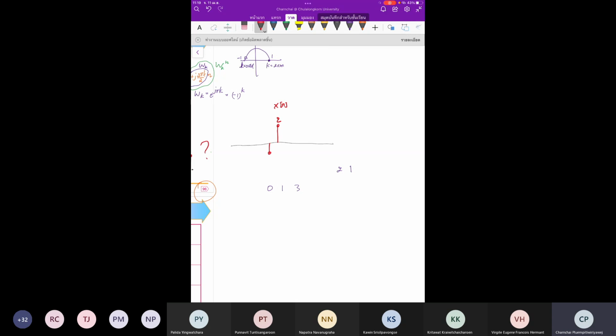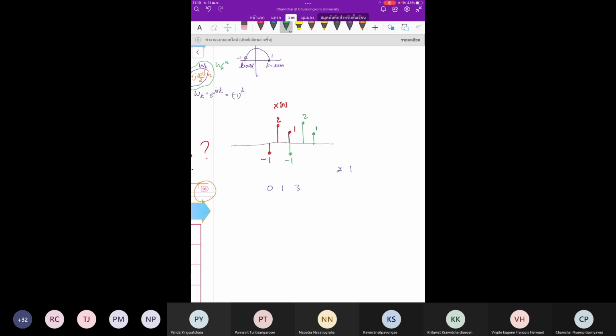It's supposed to be -1 to 1 like this, right? And then the other one is going to be -1 to 1 like this.